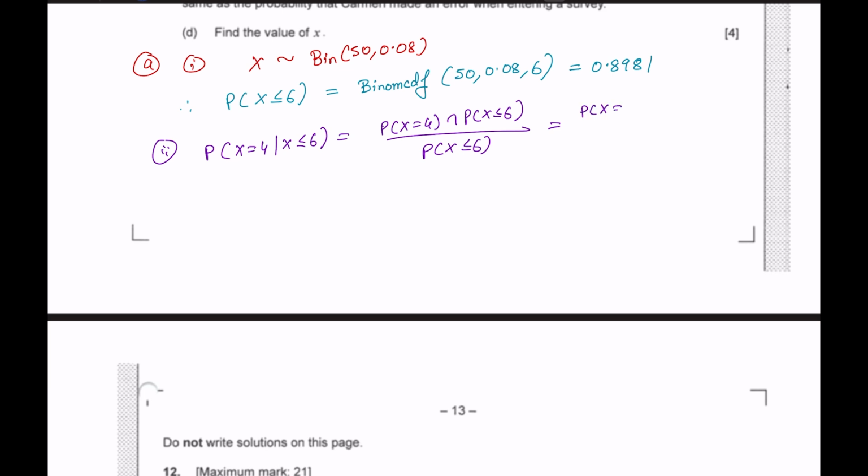So the numerator is just x equals 4, and the denominator is x less than or equal to 6. For the numerator, we'll use binom PDF. N is 50, p is 0.08, and the value of x is 4. When I plug this in, I got 0.203, and the less than or equal to 6 we obtained in the previous part. Upon simplification, we should get 0.227. That is the answer to A2.